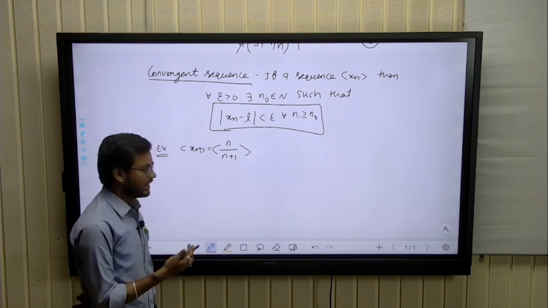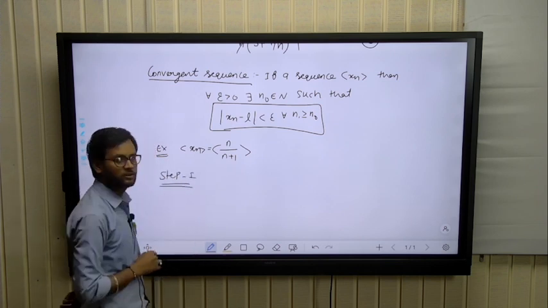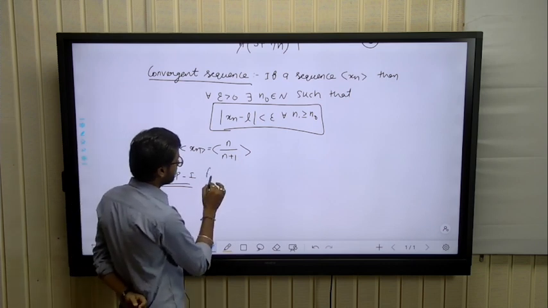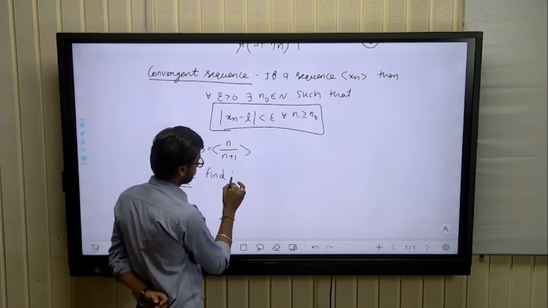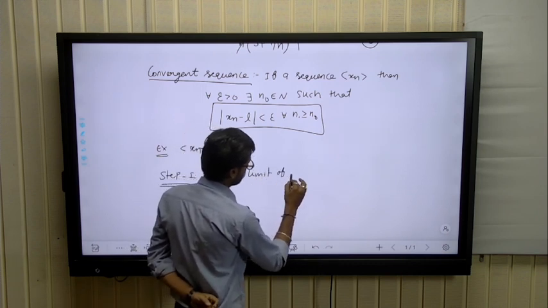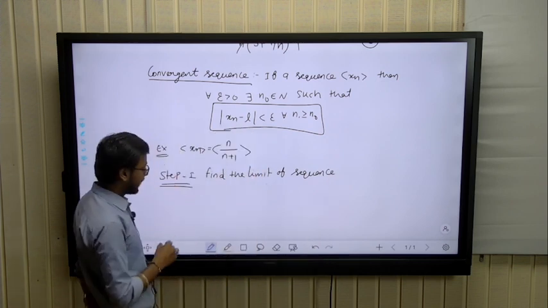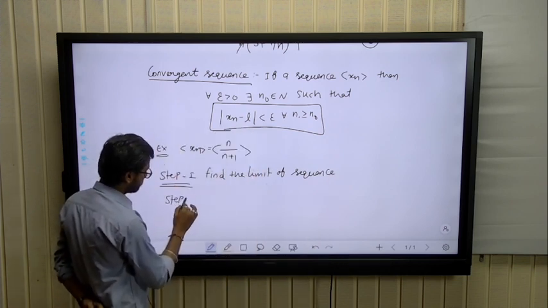The first step to find the convergence of a sequence is to find the limit of the sequence.